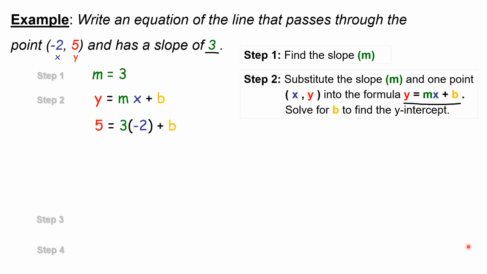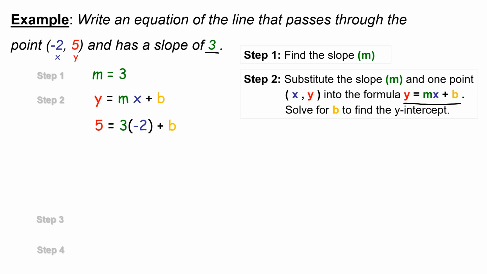All right, so now we substitute the x and the y and the slope. And if your b looks too much like a 6, one of the options is you could always just use an uppercase B. That's fine. Your call.